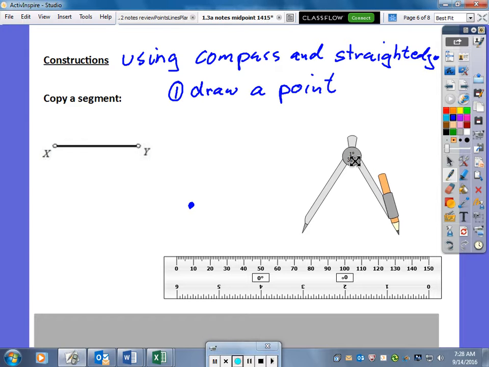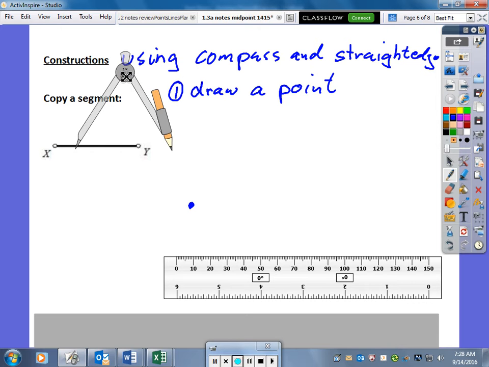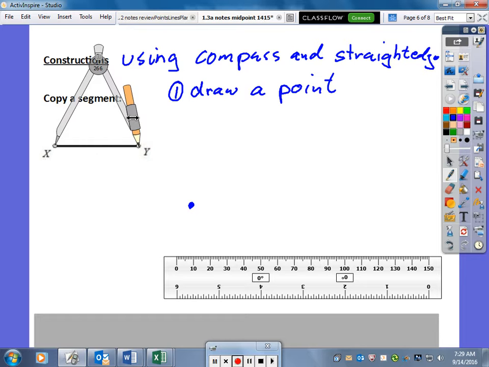And next we're going to take our compass, and we're going to put the center of the compass, that's the side with the needle, on one of the endpoints, and adjust our compass so it's on top of the other endpoint. And this helps us to measure the length of the segment. So our second step is to measure the segment with our compass.